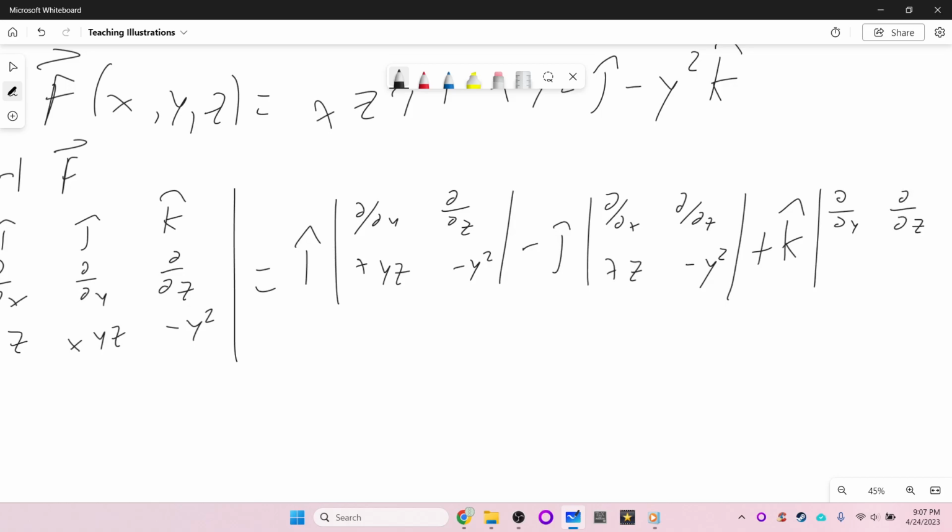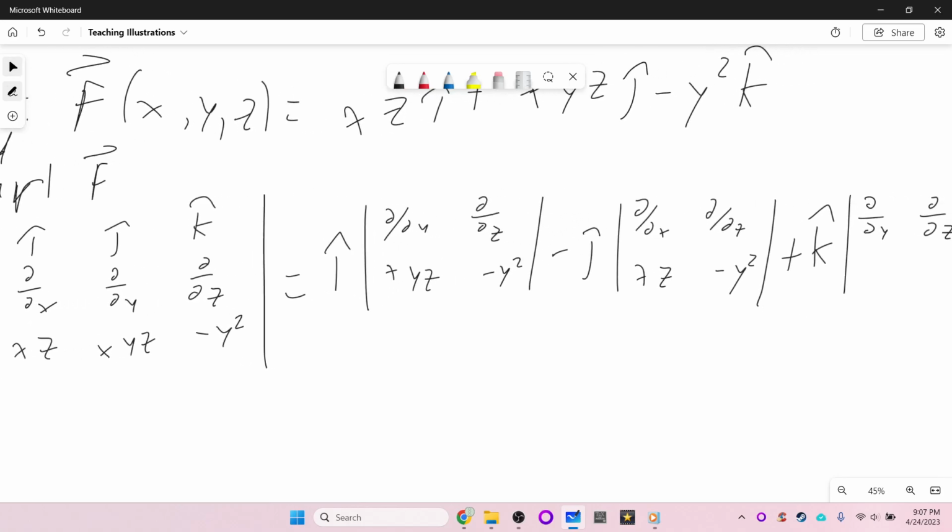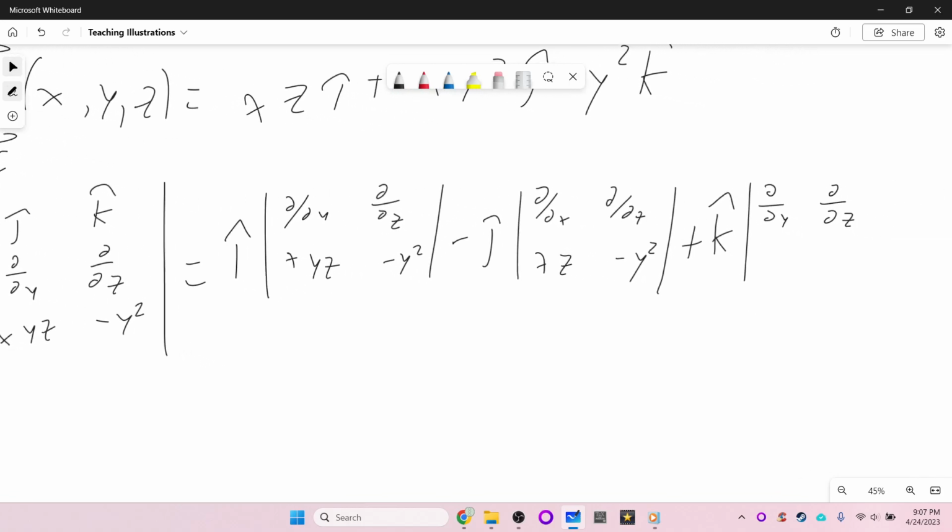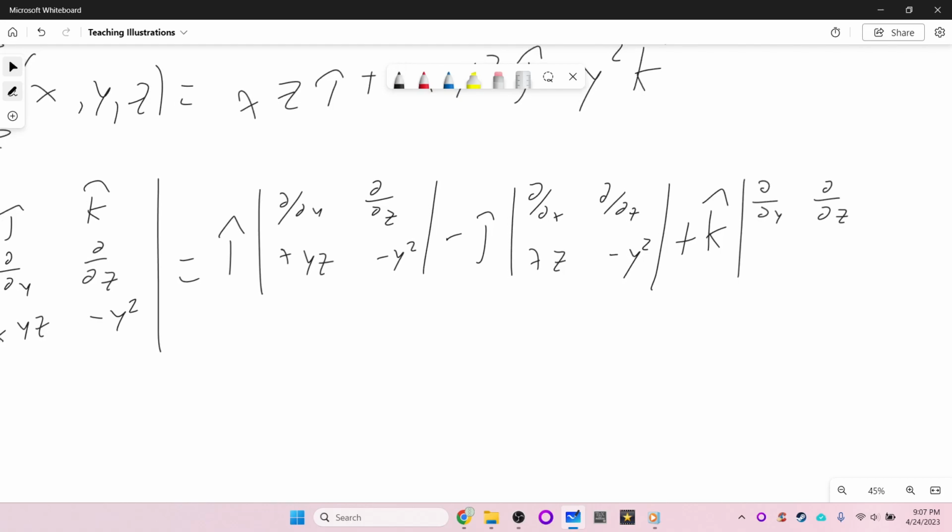What's left over here that's not under the k? xz and xyz. So let's go ahead and do this. For the i hat component, we'll have del y of negative y squared, that's negative 2y, minus del z of xyz, so that's xy.